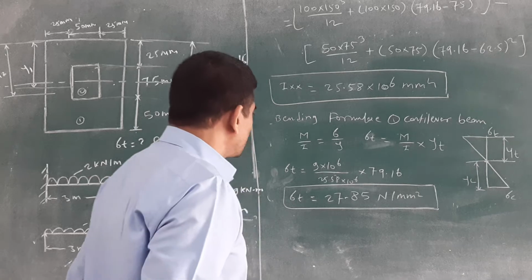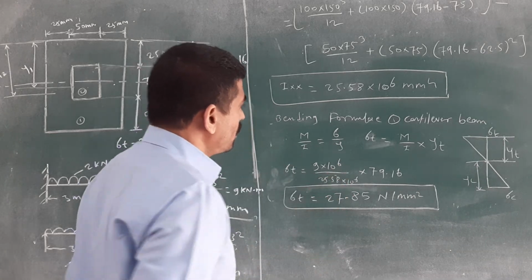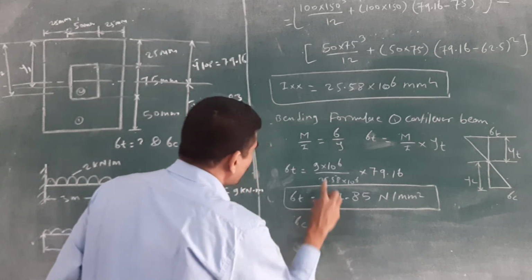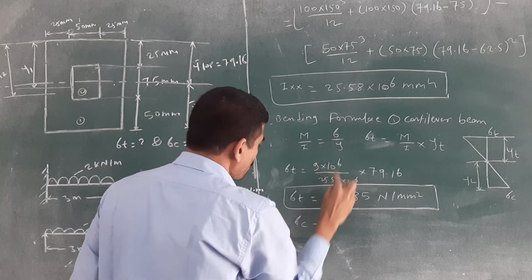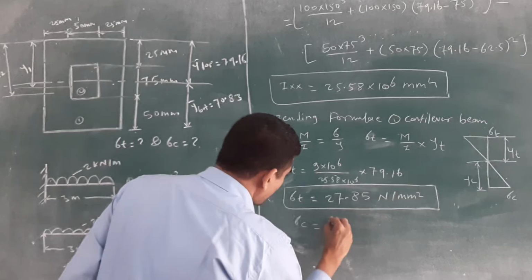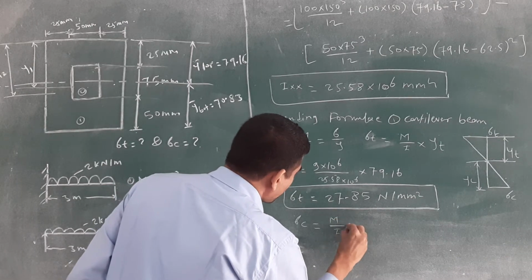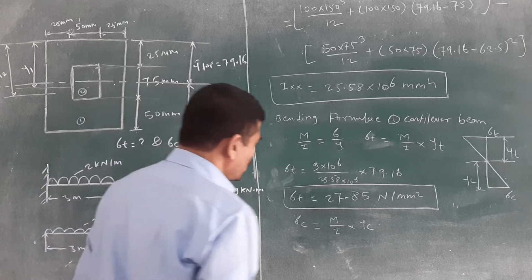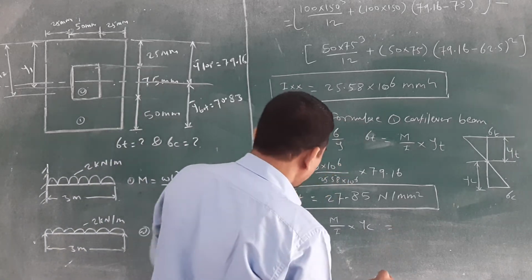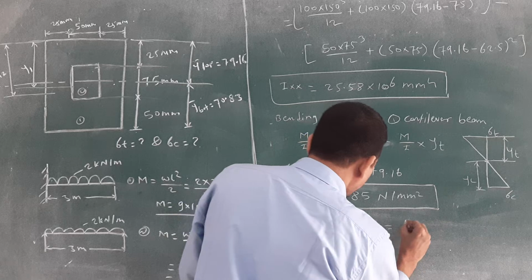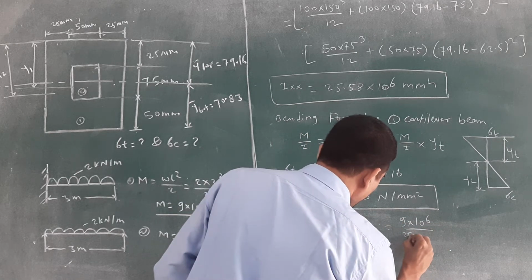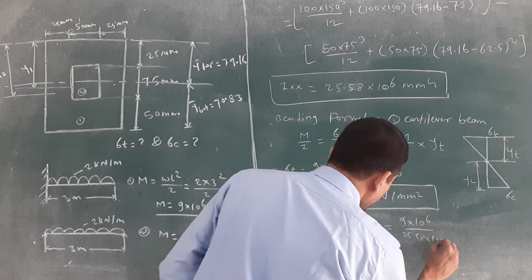In a similar way, you have to calculate the sigma c value. How to calculate that? We know the general formula, M by I is equal to sigma by y. Then sigma c is equal to M by I into yc, only yc will be changed. Put the values in that equation. M is again the same, 9 into 10 raised to 6, and 25.58 into 10 raised to 6.